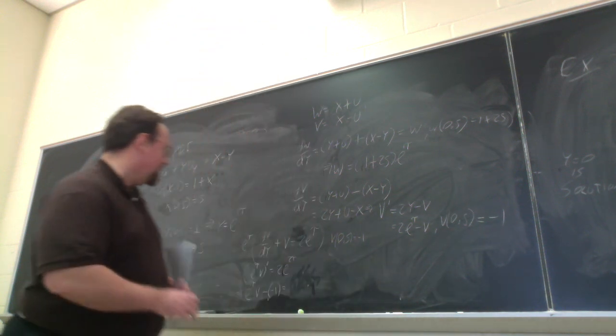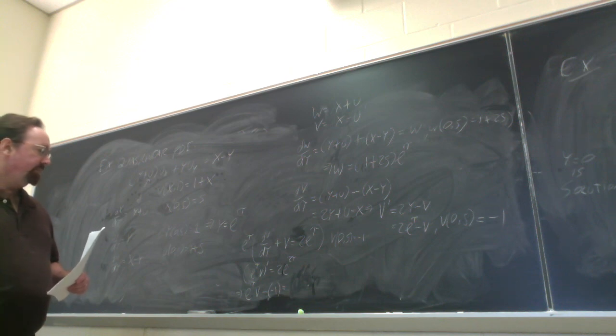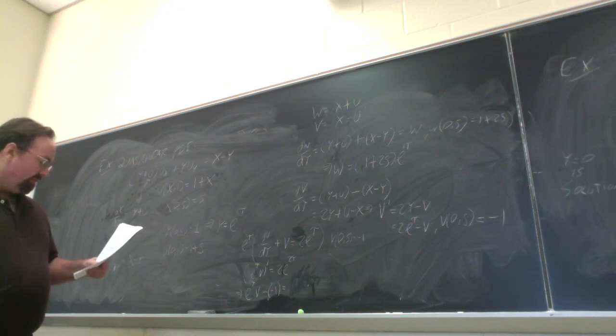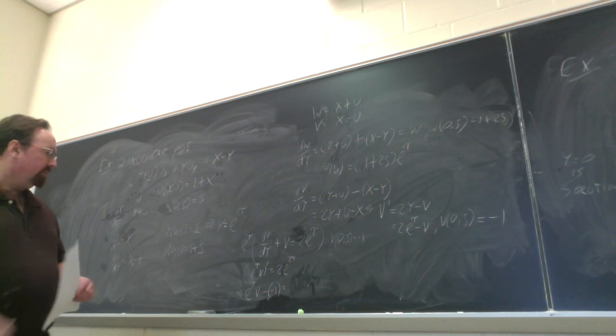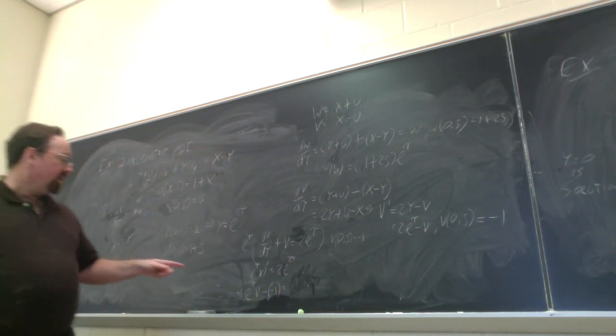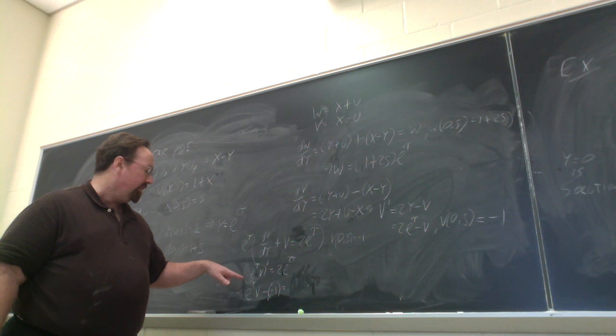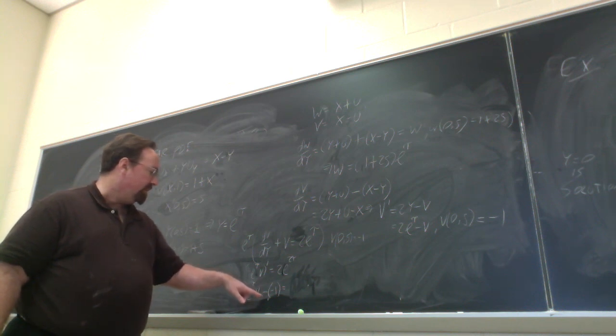And you get e to the tau v, and then you do minus 1, because I'm basically integrating from 0 to tau in a way.